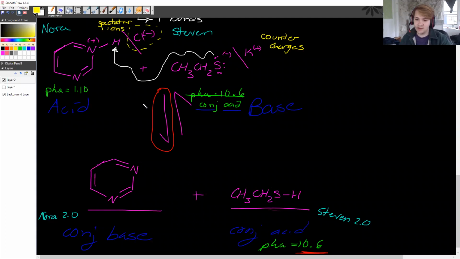Does it just explode and Thanos snap its way out of existence? No, it associates with this potassium ion. And so what we write off to the side is K plus Cl minus. And if we wanted, we could put this in brackets, or we can write it off to the side.